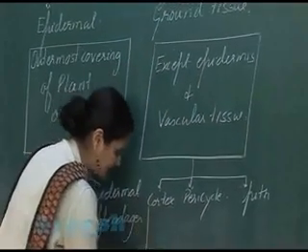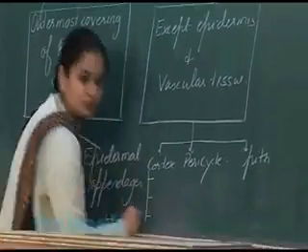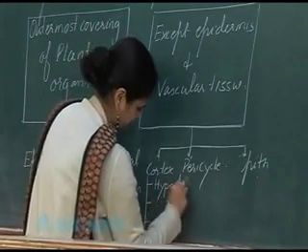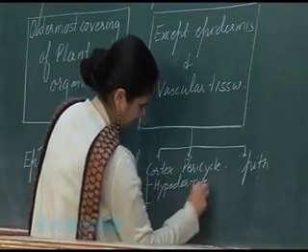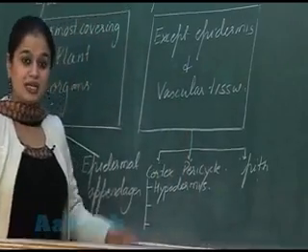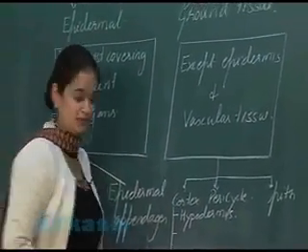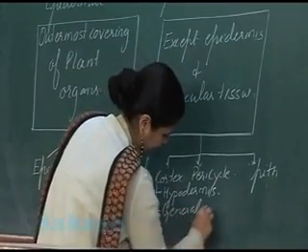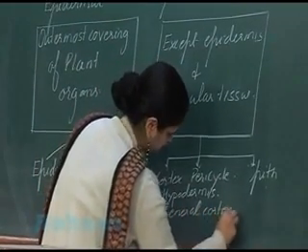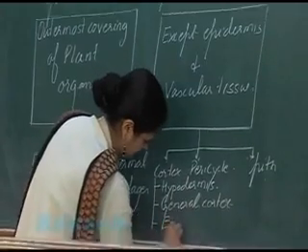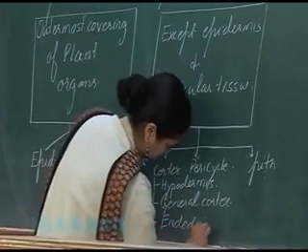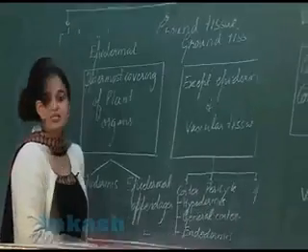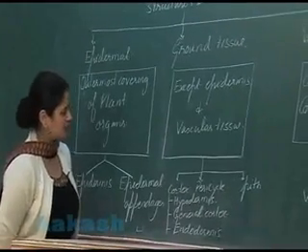The cortex can be further distinguished into three parts: hypodermis, that is just below the epidermis, then general cortex and endodermis. Got this? These are the different types of the tissue system.